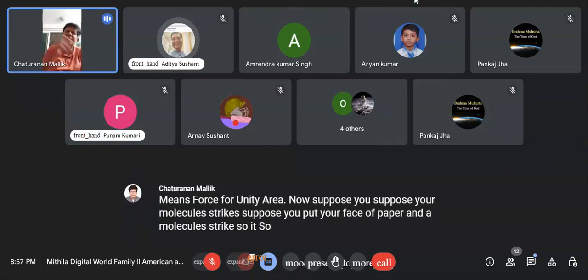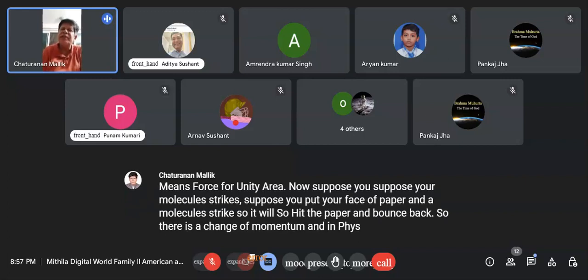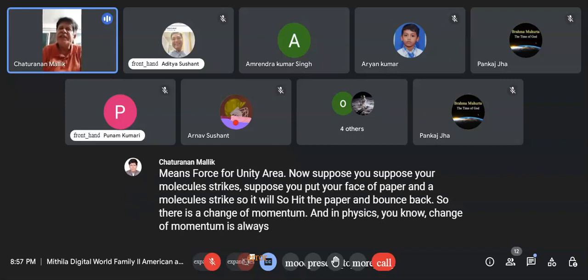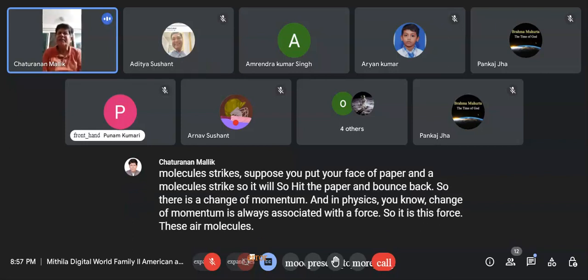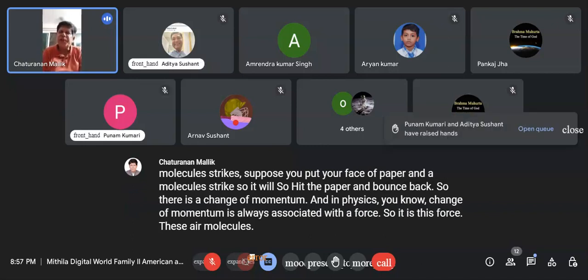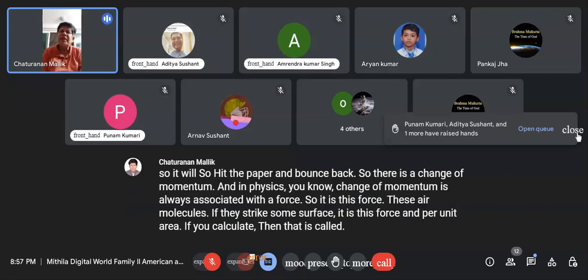So it will hit the paper, causing a change of momentum, and in physics, change of momentum is always associated with a force. So it is this force, when air molecules strike some surface, and if you calculate it per unit area, then that is called pressure.